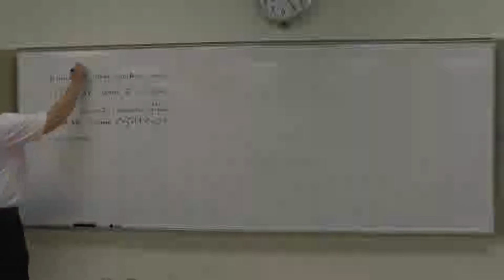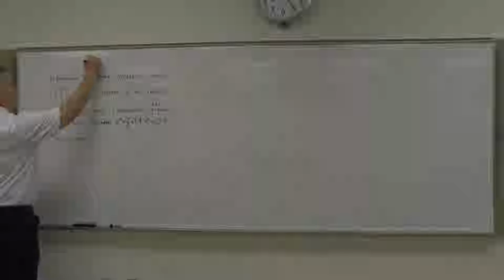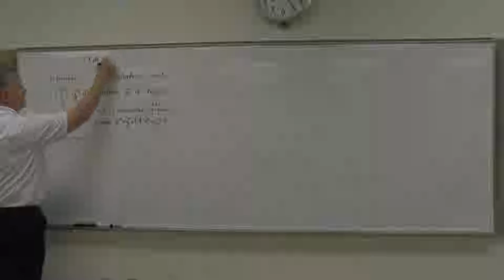Now, we're going to change to cylindrical coordinates, and cylindrical coordinates are like the three-dimensional polar coordinates. So in cylindrical you have z's, but you have r, theta, and z. You don't have x's and y's.